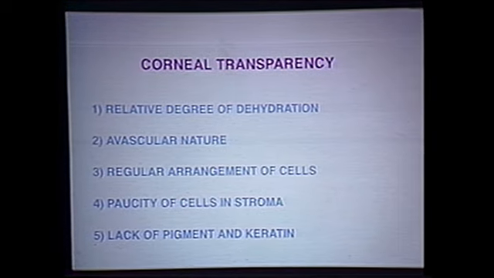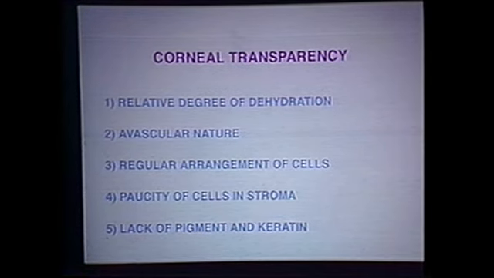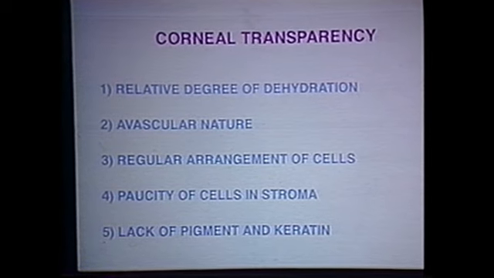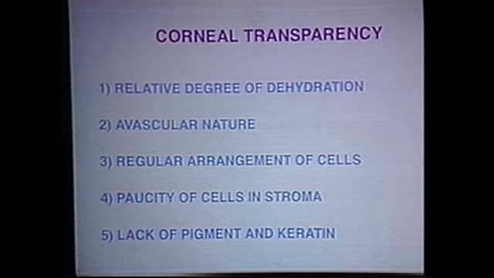Okay, corneal transparency depends on a number of the anatomical features which we've talked about. It depends on the relative degree of dehydration of the cornea, and anything which interferes with this dehydration, and particularly the cells which help to produce this relative dehydration, i.e. the endothelial cells, will tend to adversely affect the transparency of the cornea and produce toxic damage.